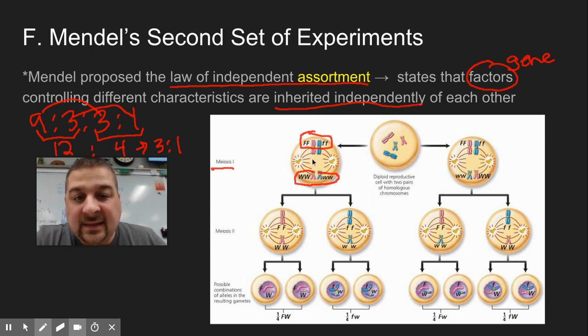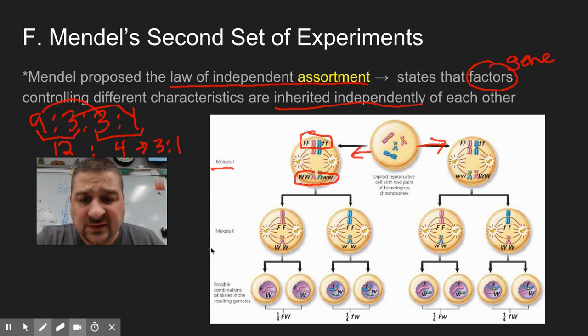Now notice, here they have both maternal on the same side and paternal on the other, and it's showing two different options. They could also assort differently. So here's maternal on the left, paternal on the right. Down here they switched them. They put paternal on the left, maternal on the right. So that gives a different combination.